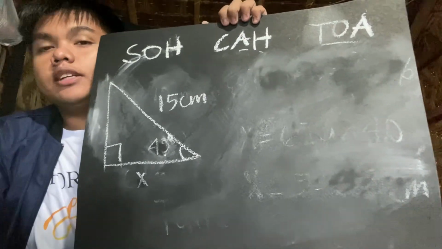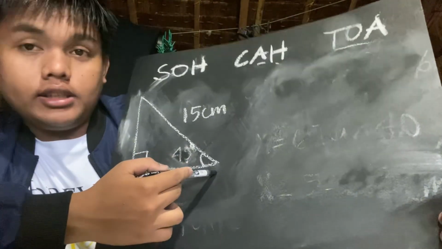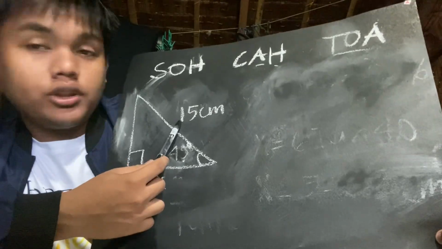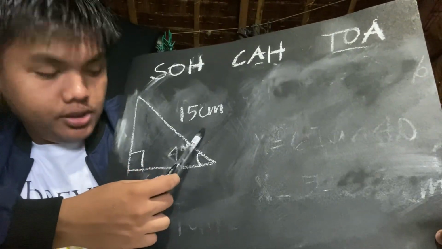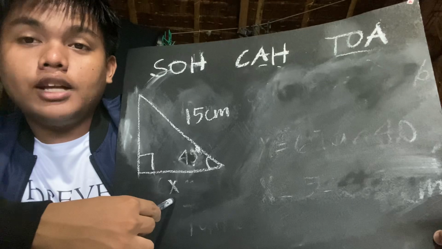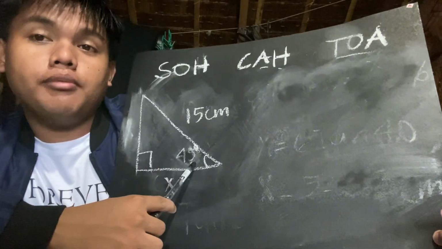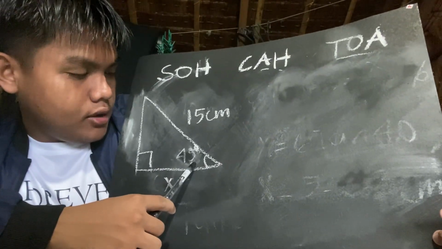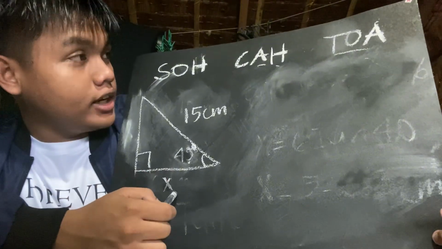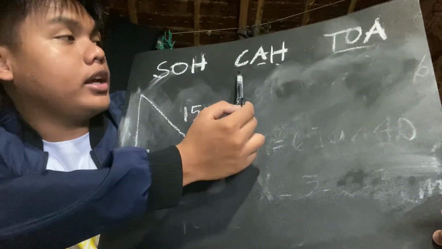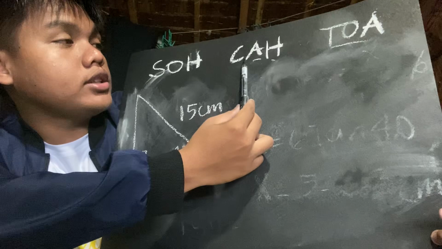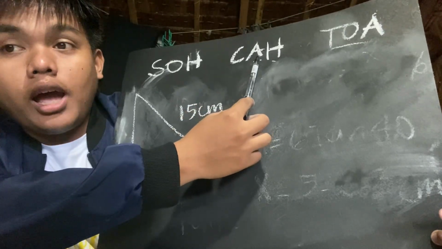Okay, we have another example here. Given a right triangle, we have a hypotenuse of 15 centimeters. We need to find the adjacent of the angle 45 degrees. Since we have the hypotenuse and we need the adjacent, we can use CAH: cosine equals adjacent over hypotenuse.